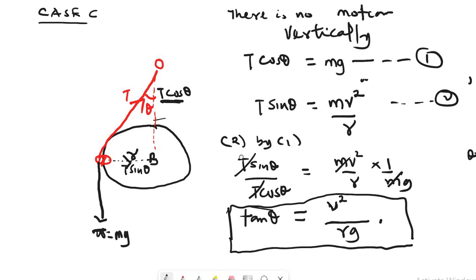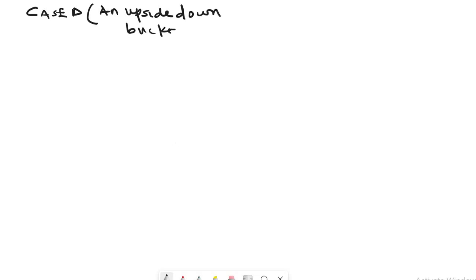Now, let's see another case. Let's see this case D, an upside down bucket. An upside down bucket is like a roller coaster.